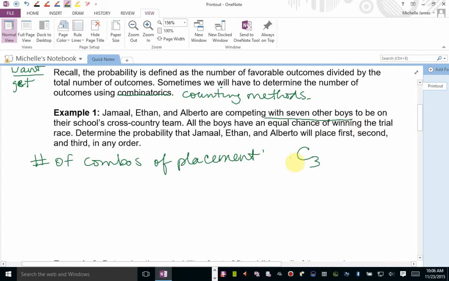Okay, yeah. So there's 10. There's Jamal, Ethan, Alberto, and the 7 other boys that are competing. So in order to figure out how many different ways that they could place, we have 10 choose 3, which is a number. And so therefore, the probability that one of those combinations will happen is 1 in 10C3.